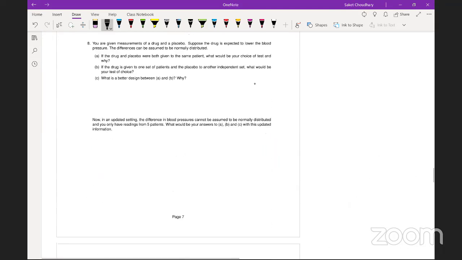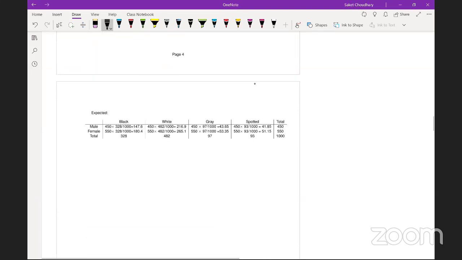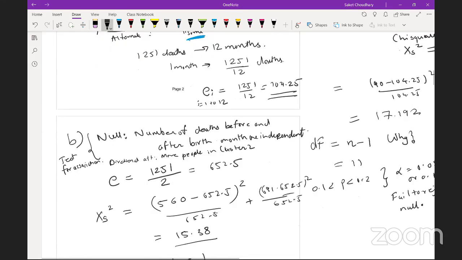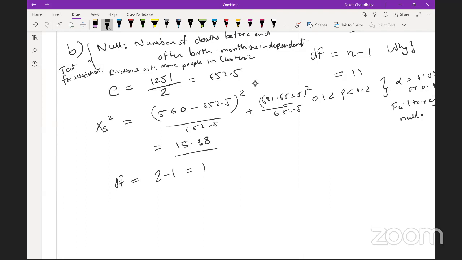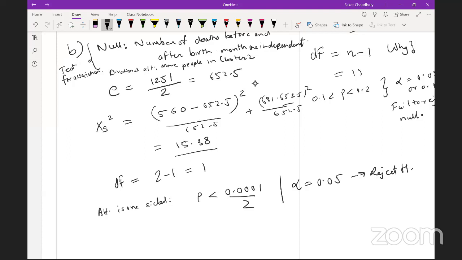What we were doing here in the problem, however, was one-sided, so our alternate is one-sided. That essentially implies that p is less than this value. So at alpha equal to 0.05, we reject H naught, or the null. However, we did not reject, we failed to reject.